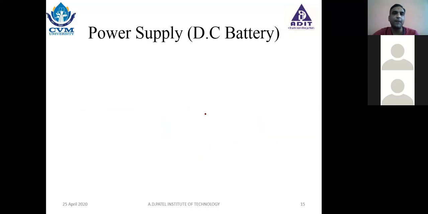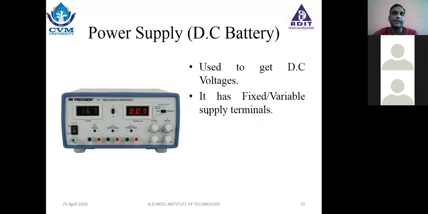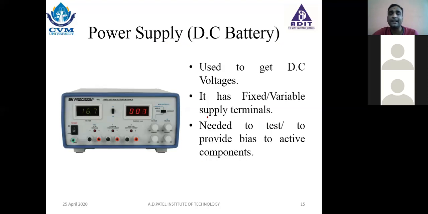So first, power supply or the DC battery. Whenever you need any DC voltage to be applied in your circuit, like if you are making a simple circuit of resistors, transistors, you need to apply DC voltages. So from where will you take the DC voltage? This is a kind of DC supply you will have. Its back side will be connected to the AC.